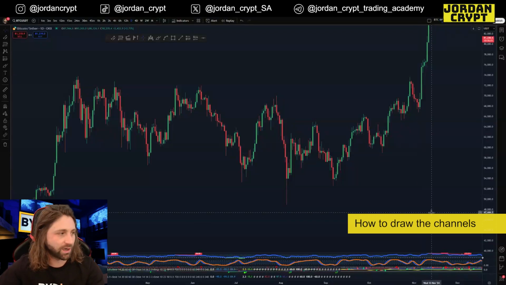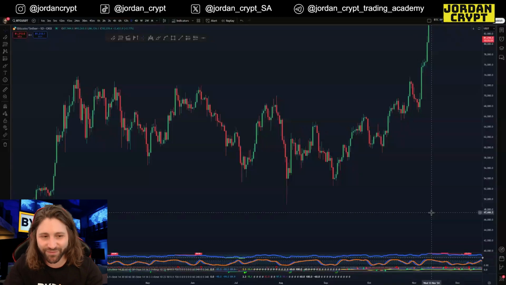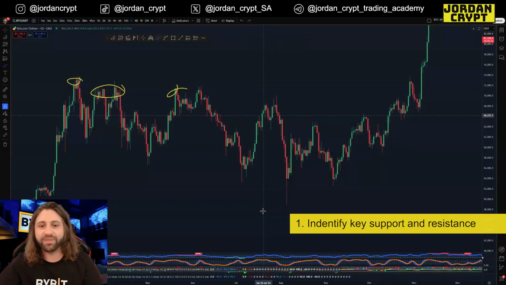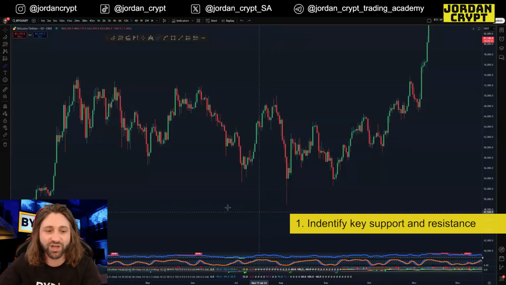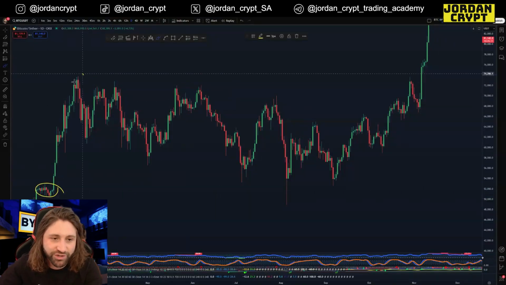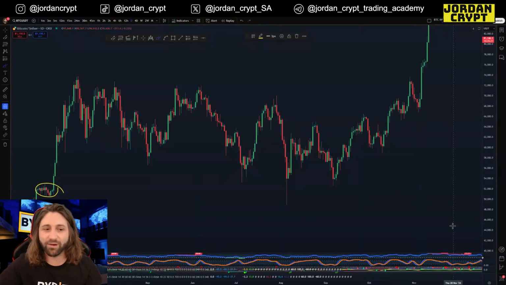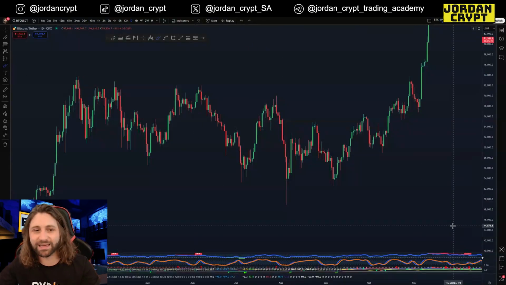So very important is to learn how to draw your parallel channels. Number one, you first need to identify your key support and resistance levels. We do this by seeing pivot points. The ideal way to draw in these channels is to notice your first pivot points and to try and use those as your parallel levels. Try to find lows and highs within your pivot points.